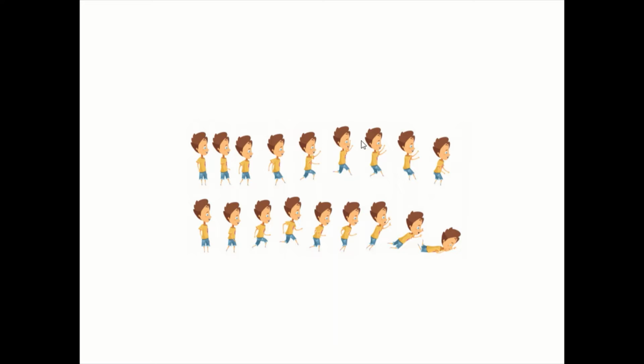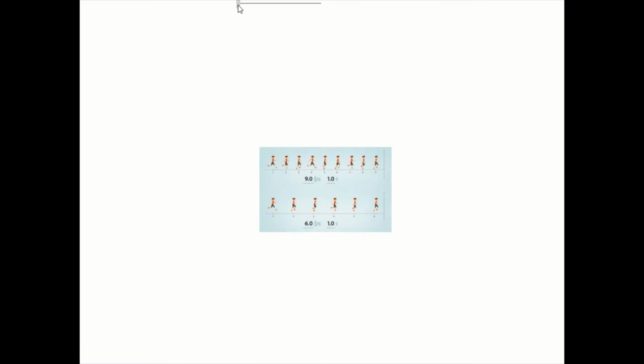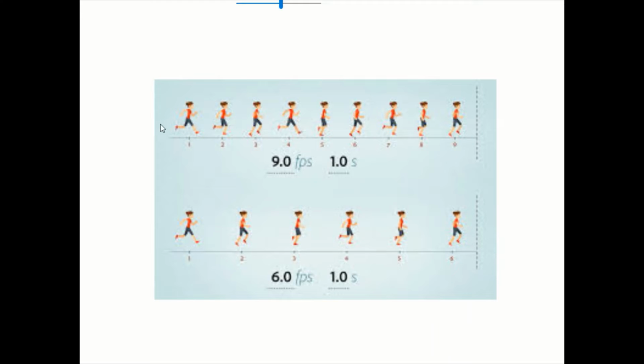For example, here we have a series of images which, if we draw each image on a single frame and we change the frame very slightly and very rapidly one after another, we could see that these images actually blend together into a visual illusion of movement. For example, like this one, we could have 9 frames of images per second, or we could have 6 frames of images per second.